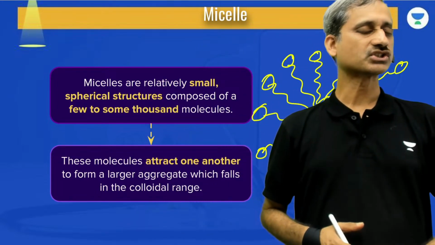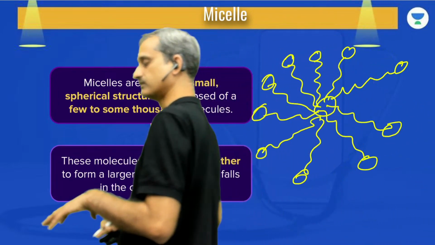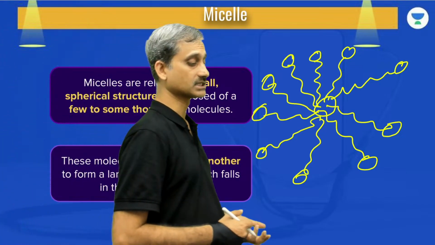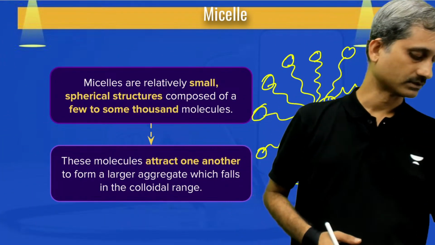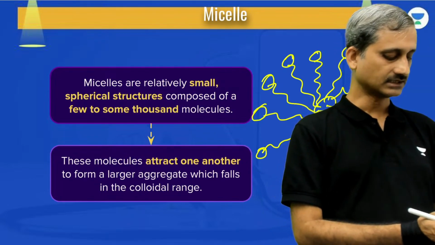Critical micellization concentration is the minimum concentration that must be achieved for micelles to be formed. Below this particular concentration, micelles will not be formed. Is that clear?